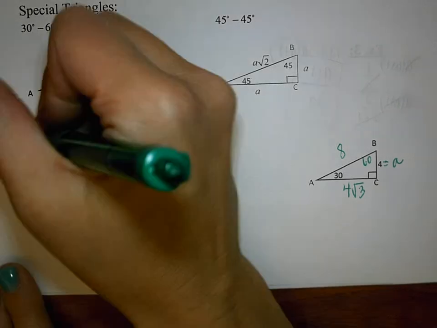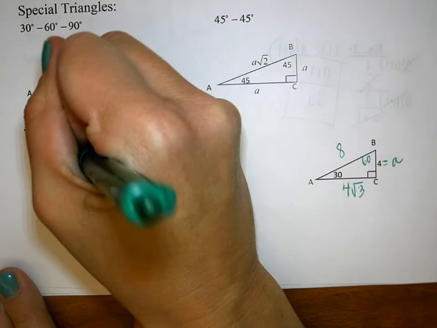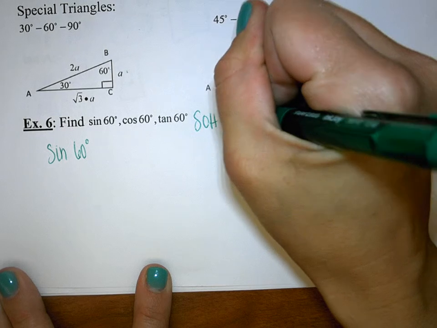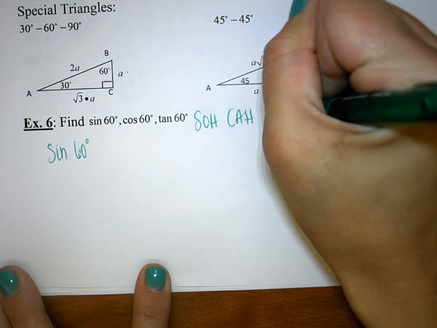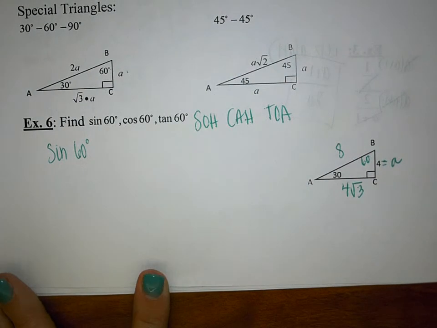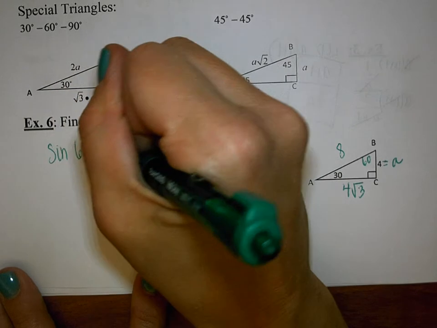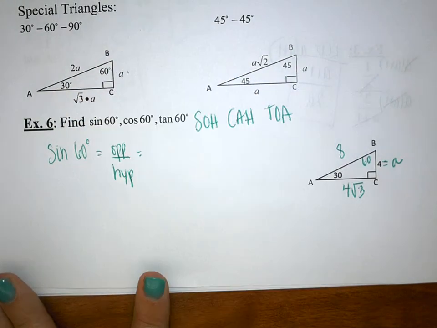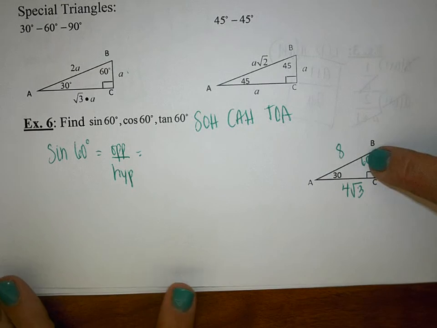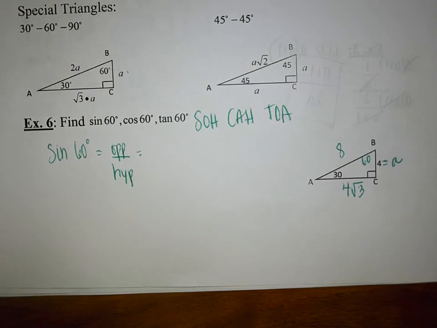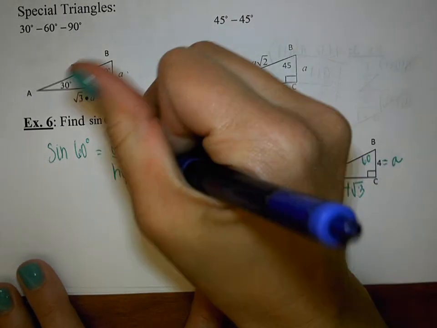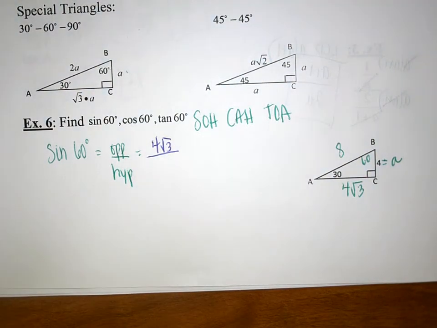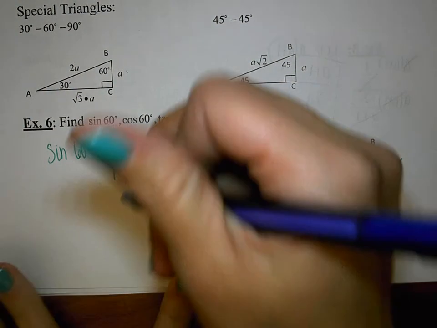Okay, so sine of 60 degrees. If you need to, write out your SOHCAHTOA. So we know that sine is opposite over hypotenuse. So if you go to 60 degrees, opposite is 4 root 3 over, and your hypotenuse is 8.